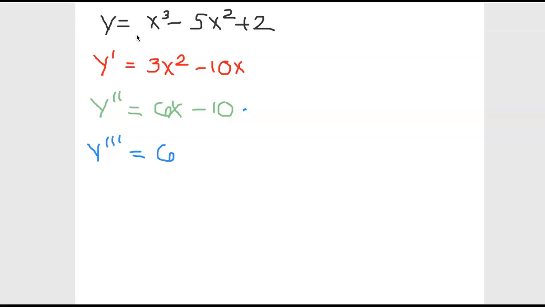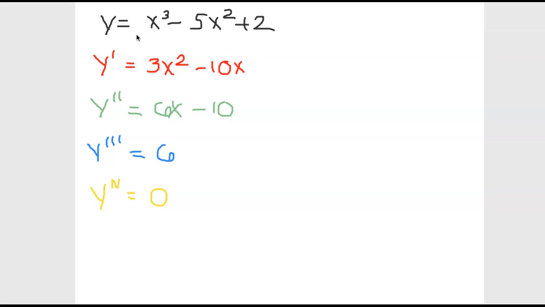So the derivative of 6x minus 10 is 6. What's the derivative of 6? Well, the derivative represents the slope. The slope of y prime equaling 6 is 0.